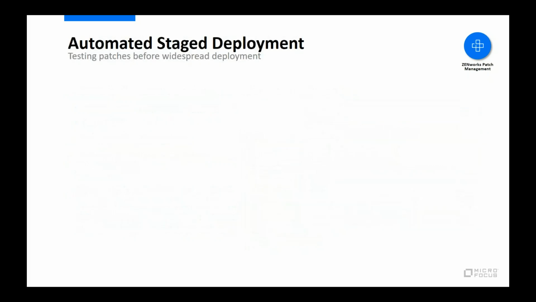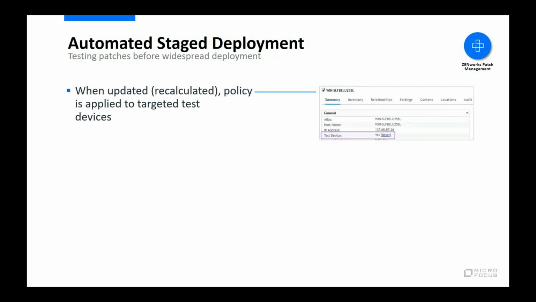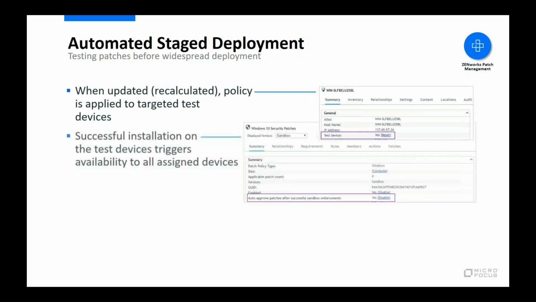One of the benefits of using patch policies is the ability to implement an automated staged deployment of patches. This allows you to test patches on a limited number of devices before rolling them out to all devices. When a policy is recalculated, it goes into a sandbox mode and is applied to any devices that are designated as test devices.